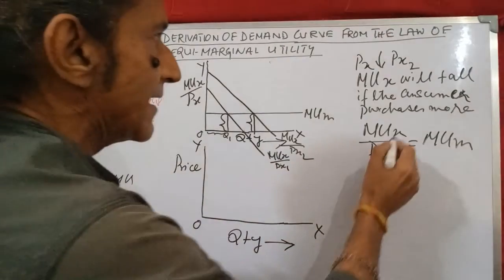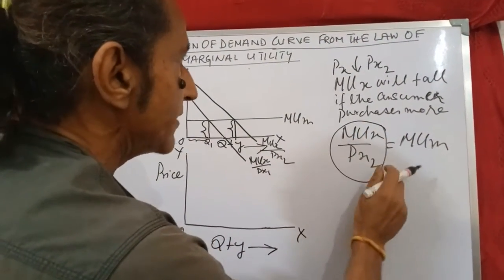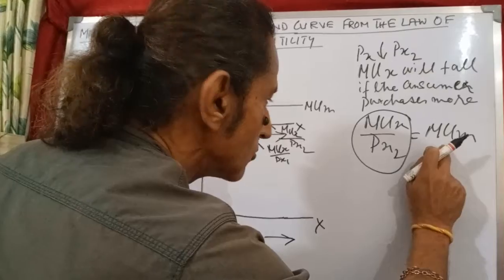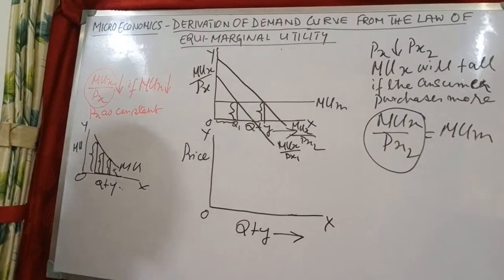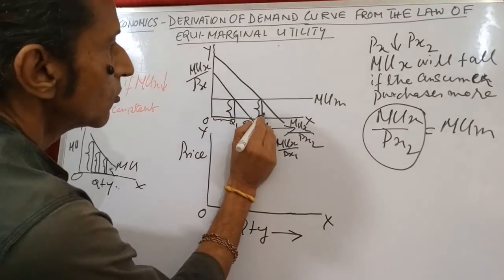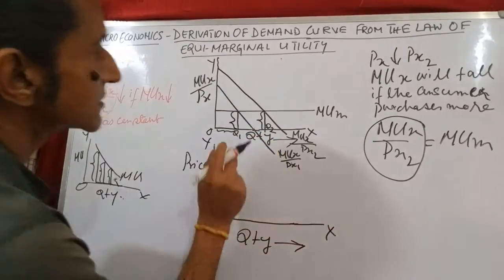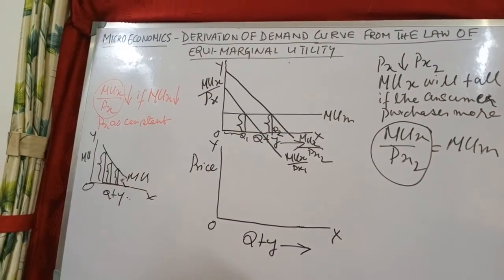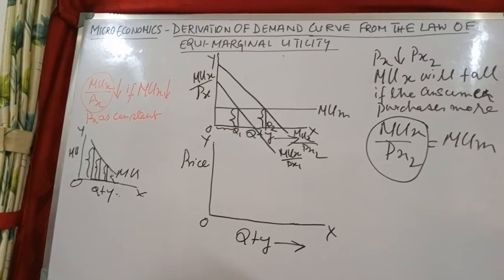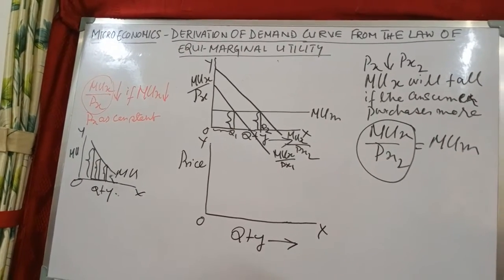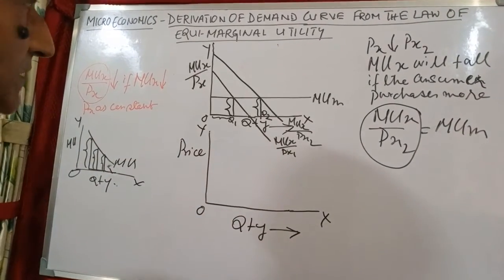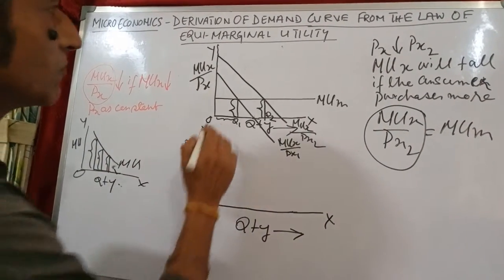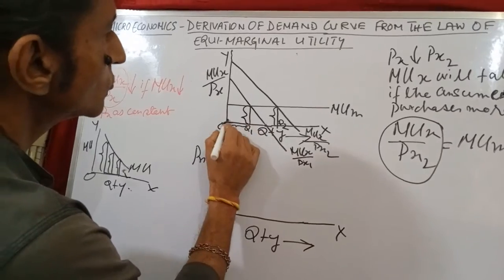As a result, MUx by Px2 again remains equal to MUM, marginal utility of money. So here the consumer is consuming OQ2 units. So as price has fallen from Px1 per unit to Px2 per unit, consumption of the consumer has increased from OQ1 to OQ2.